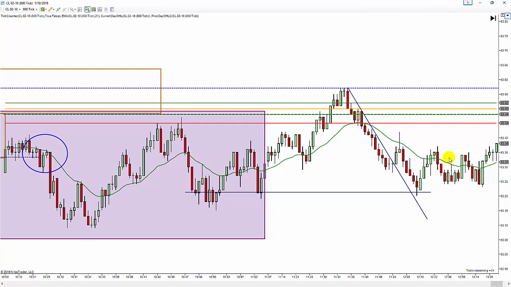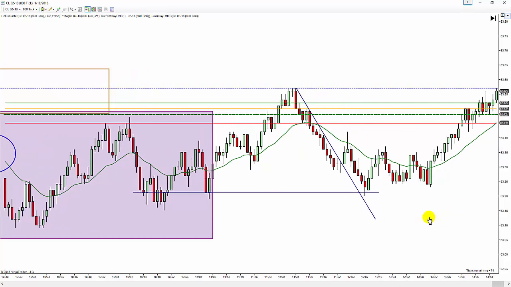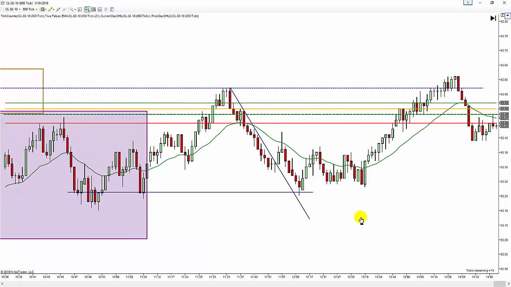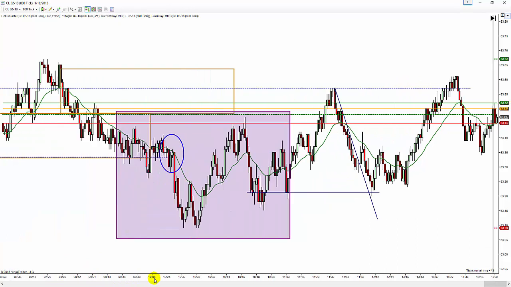Perhaps this would be an area where you would look at going long, right about here. And you can see for the rest of the day, prices did move their way up, and then that was it. So it did retest. It did come to this other side, almost, not quite to this. So it did make its way back up.